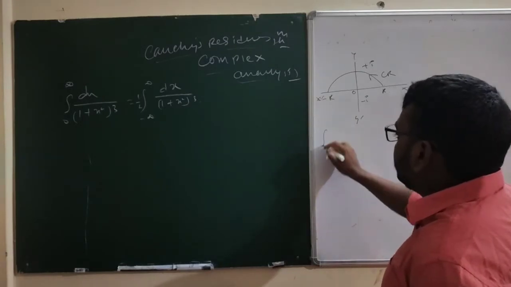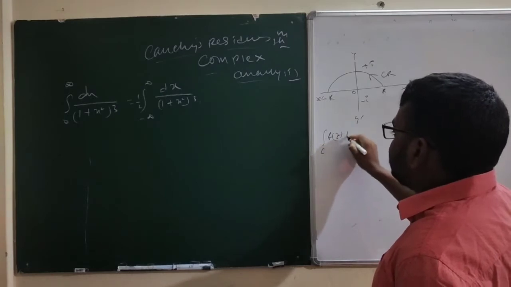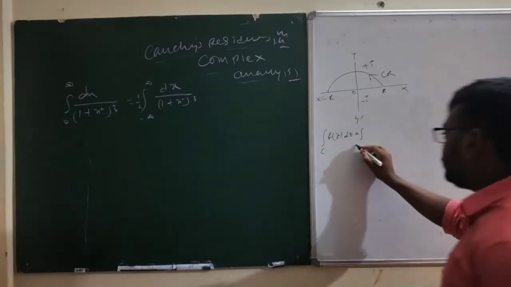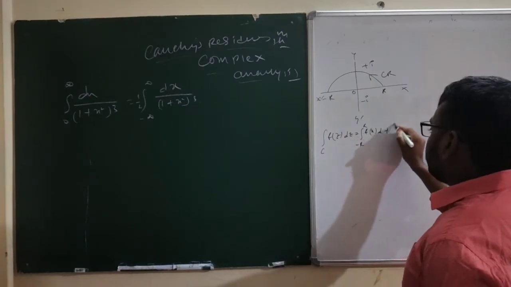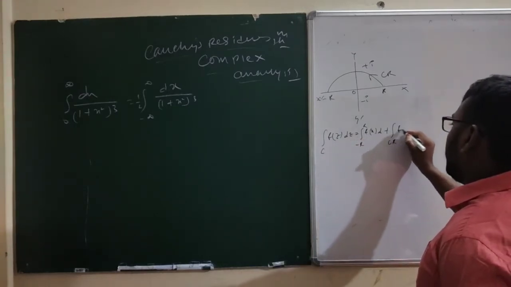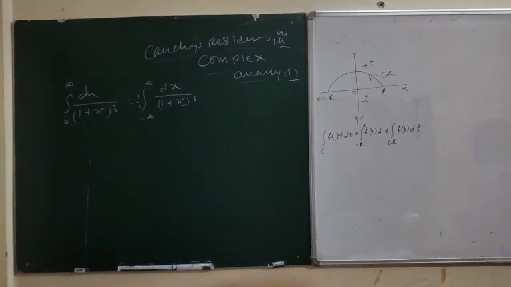The formula from the Cauchy residue theorem is: the contour integral of f of z dz equals the integral from minus R to R of f of x dx plus the integral over C_R of f of z dz.